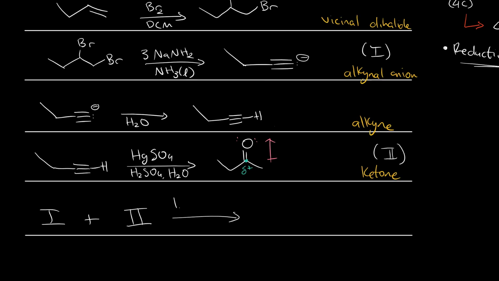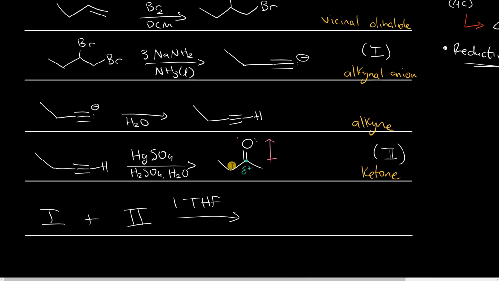The nucleophilic attack needs to have an aprotic solvent, so DMSO works, or any sort of ether. I'll use THF as my ether. And that should form the following product. Remember, we have 4 carbons here and 4 carbons here, so the compound should have a total of 8 carbons. But the longest carbon chain is 7.